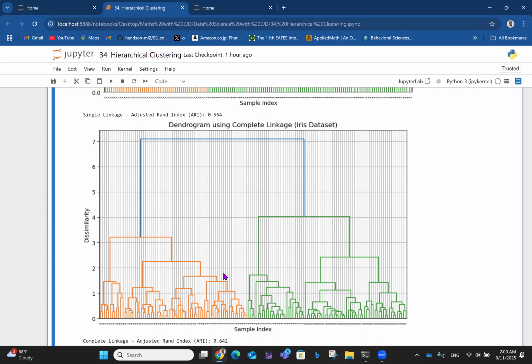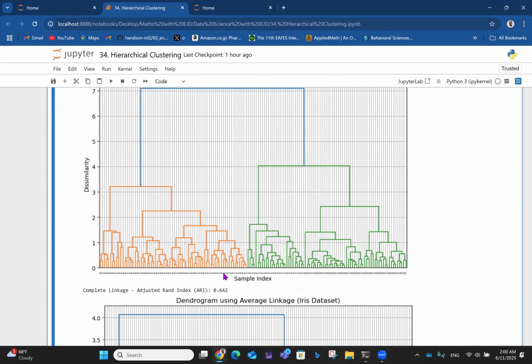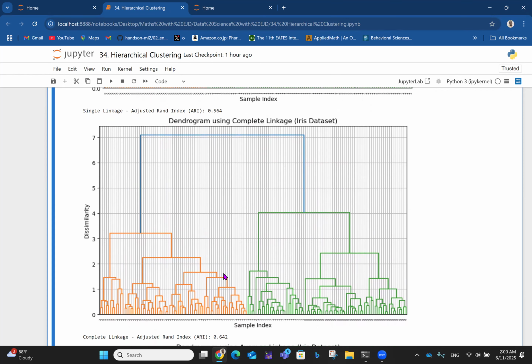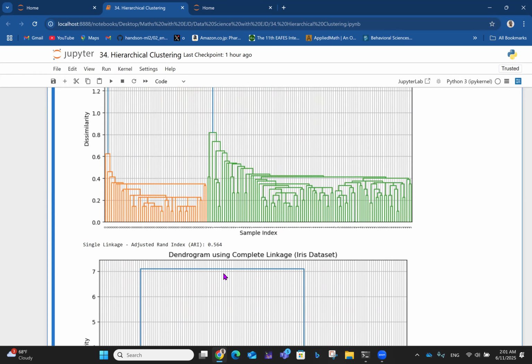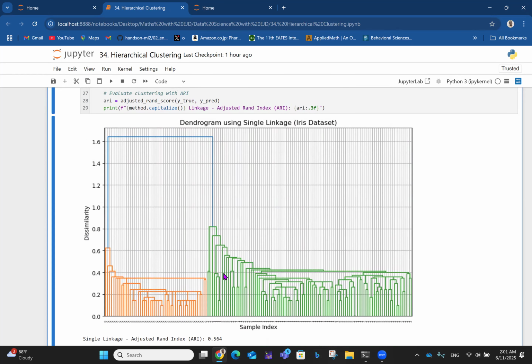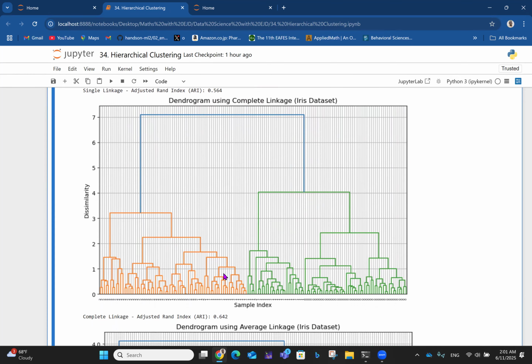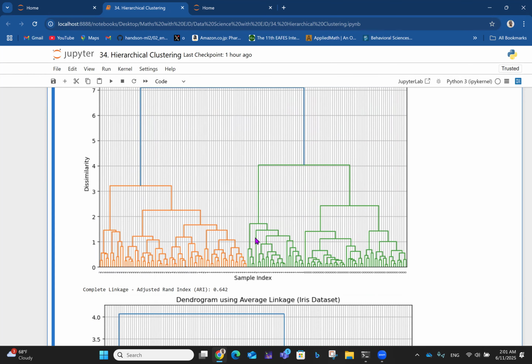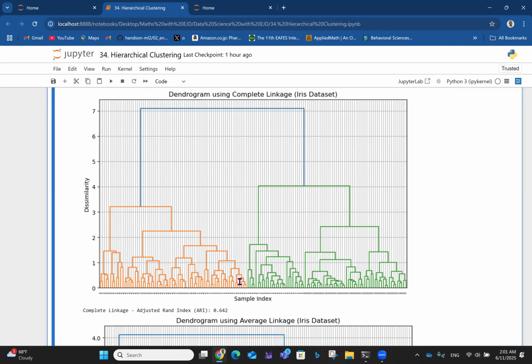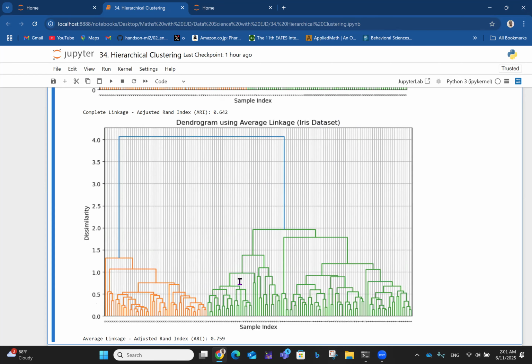And then when you come to the complete linkage, which has been described before, that takes the farthest distance apart, right? The single linkage takes the minimum distance between two data points, while this one takes the maximum between them. And this gives a better score of 0.64. So the efficiency is like 64%, while the previous one was 56.4%.